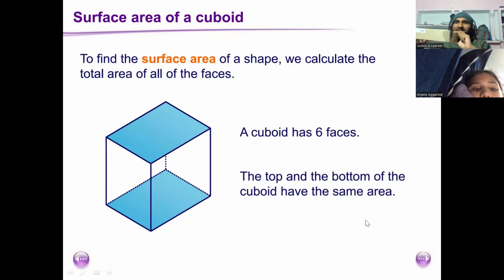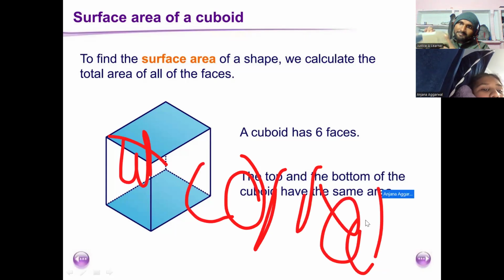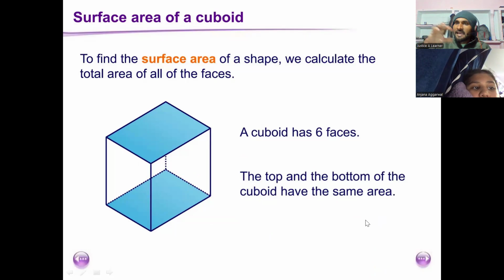It may not happen with this, because this and this both are the same, but this is not equal to this side, right? Are you getting my point? So this is the cuboid which has all the sides equal. That's why it is happening in that case. But something in this shape may not work on the same line, right?